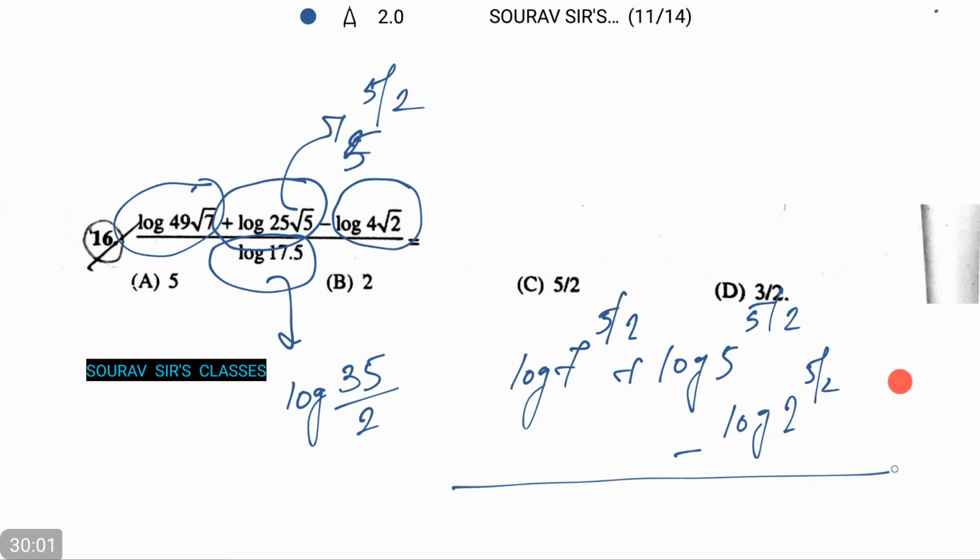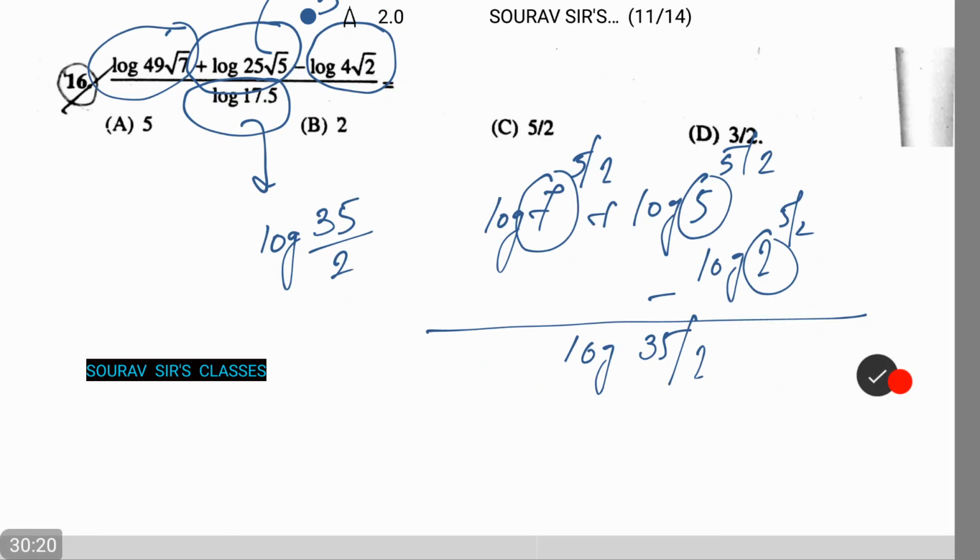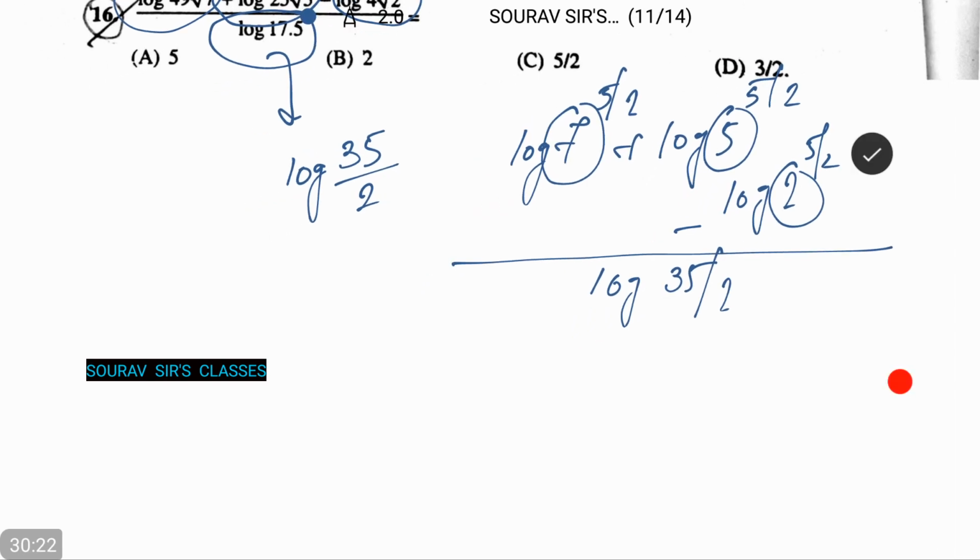Now this is divided by log 35 by 2. If you look at it very closely, you will see that this 7 and this 5 will get multiplied and this 2 will get divided. So proceeding like that, let me take the powers common and outside of those logs.